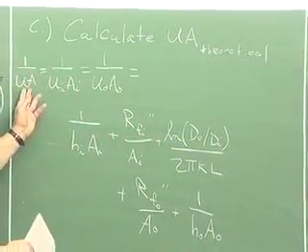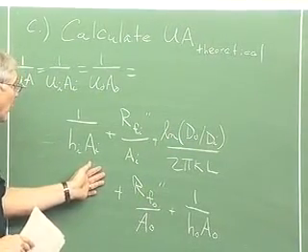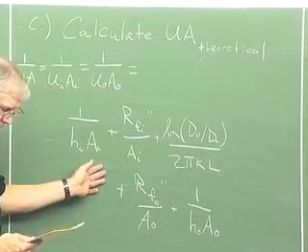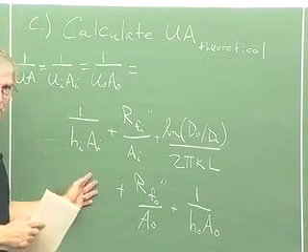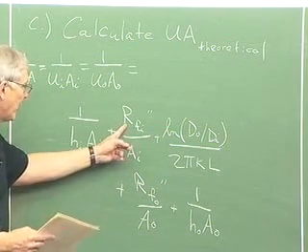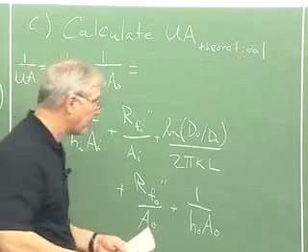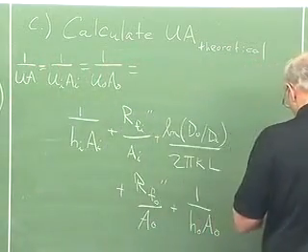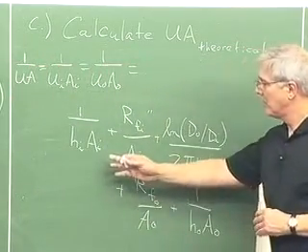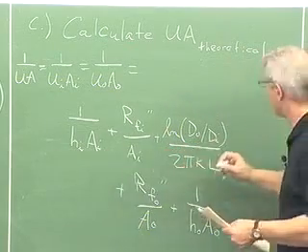So the inverse of this, if we knew all these factors, would be our theoretical UA. In order to compute this, first of all, let's make some assumptions. Let's assume for theoretical purposes that the fouling factor is equal to 0.